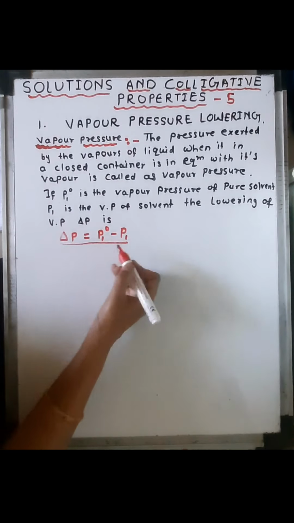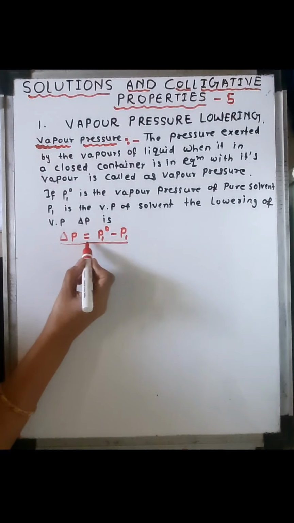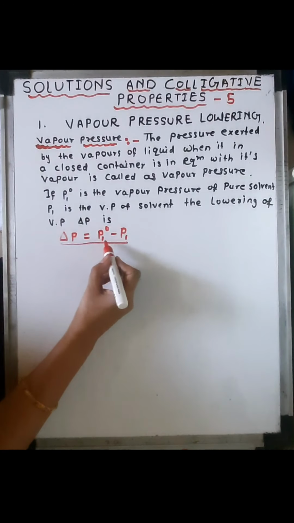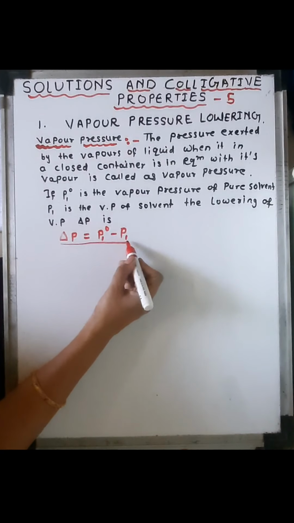Vapor pressure lowering is defined as the difference between the vapor pressure of pure solvent and the vapor pressure of solvent in the solution.